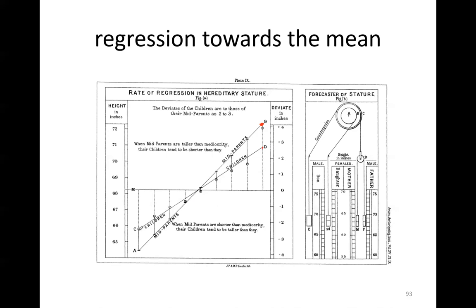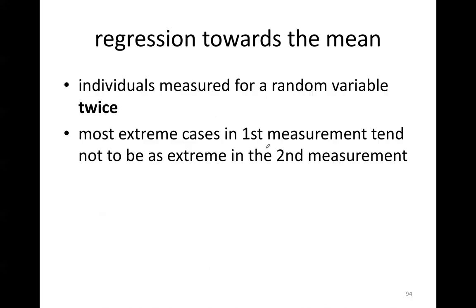And just the opposite for children of parents who were extremely short. Their children were not as short as you would expect from the parents. Mid-parents means the average of the two parents' heights. So this behavior, what he defined as regression towards the average, is extreme values in the next generation not appearing.